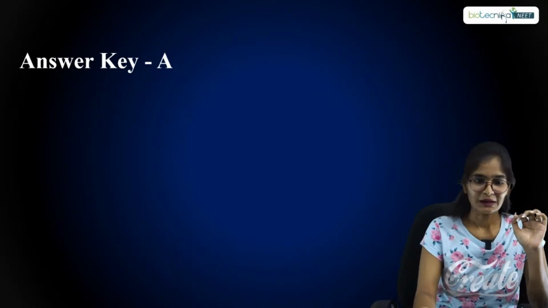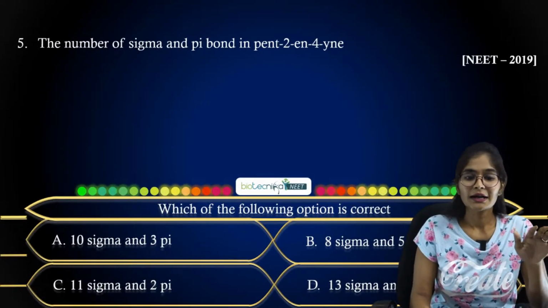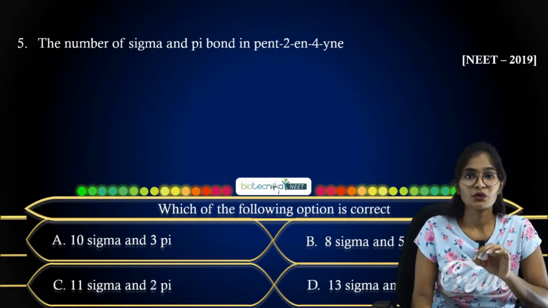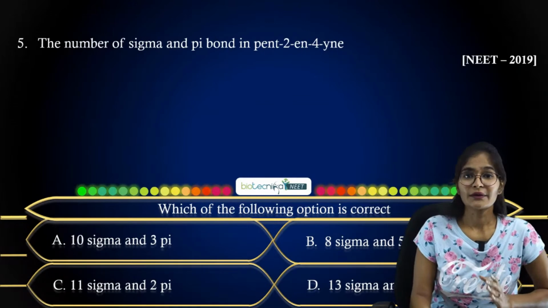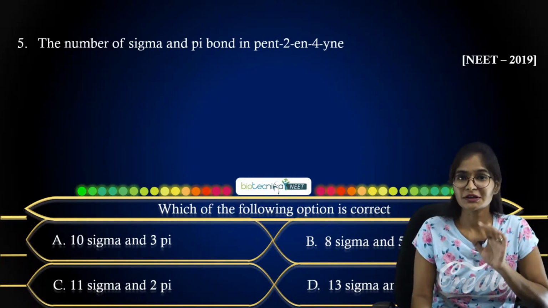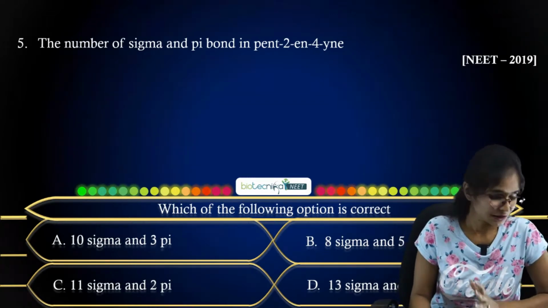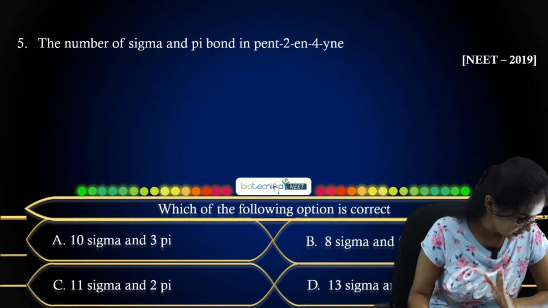Now coming to the next question, the fifth one, where we need the number of sigma and pi bonds in pent-2-en-4-yne. They have given the IUPAC name of our organic molecule. Now you have to tell me, by drawing the structure, how many sigma and pi bonds are present in the given molecule. Many options are being given.